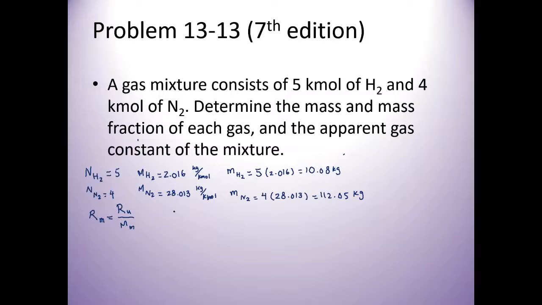So we have to find the molar mass of the mixture first, which can be calculated by multiplying mole fraction of hydrogen by molar mass of hydrogen plus mole fraction of nitrogen times molar mass of nitrogen.